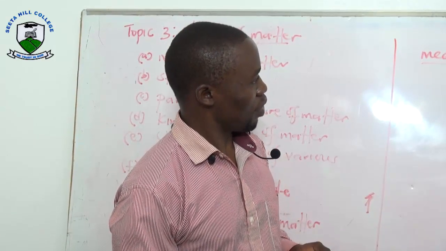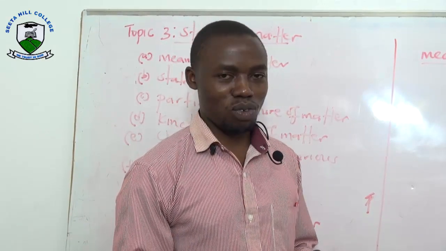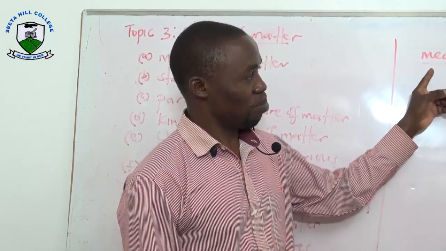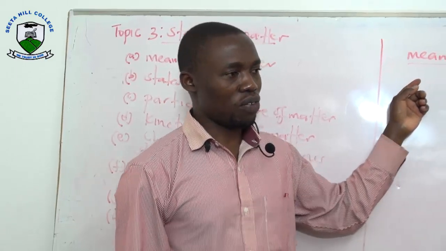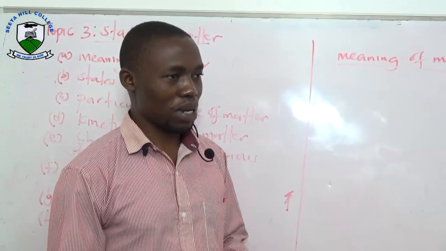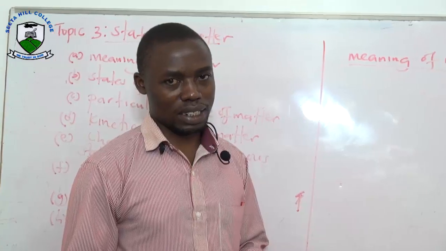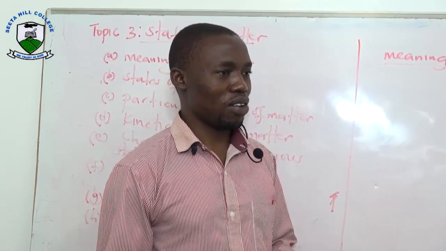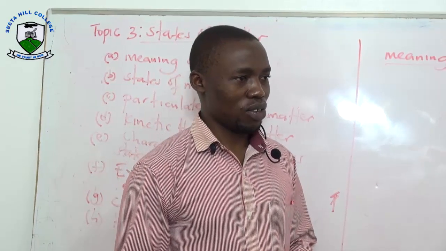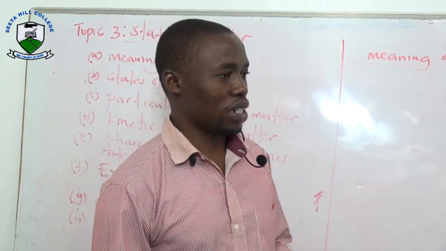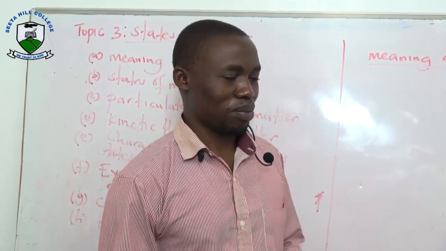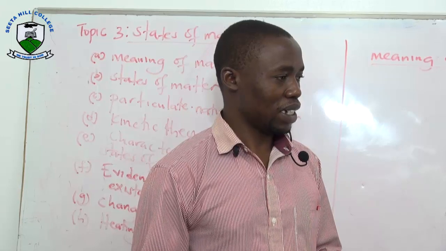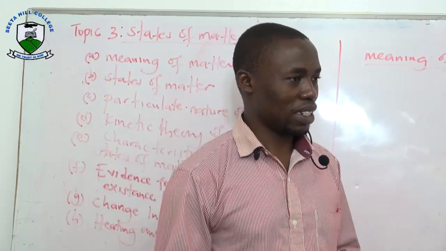I would like you to remind me, because now I want to know what is really matter. Can somebody remind us of some materials found around us, where we stay, where we live, anywhere?